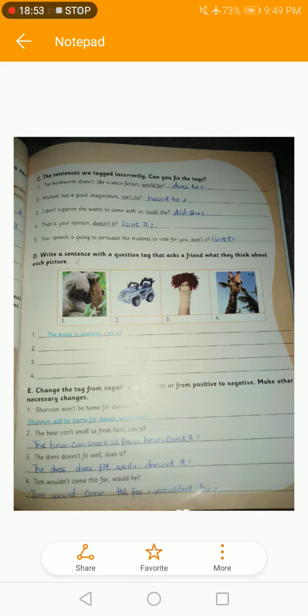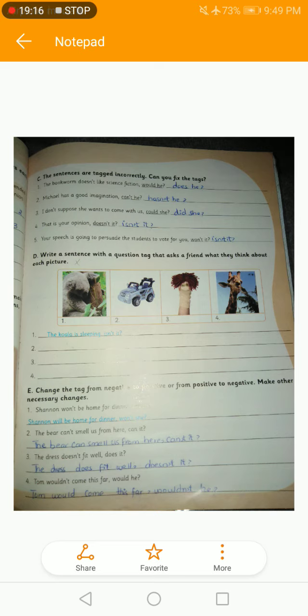In exercise E, we have to change the tag from negative to positive, or from positive to negative, and make other necessary changes. The first one is Shannon won't be home for dinner, will she? Here we use a positive question tag, so we have to change it into a negative tag.